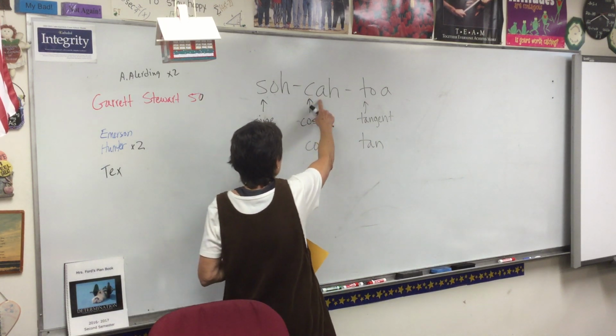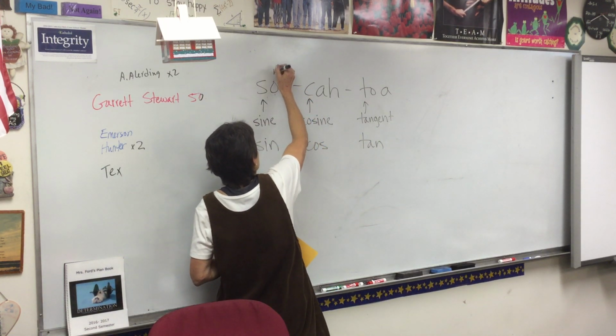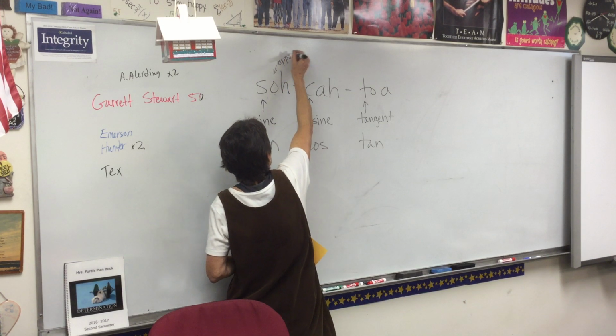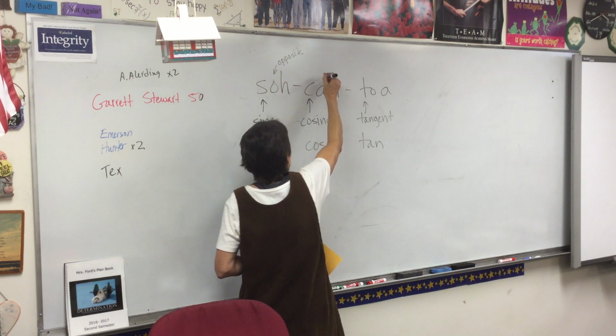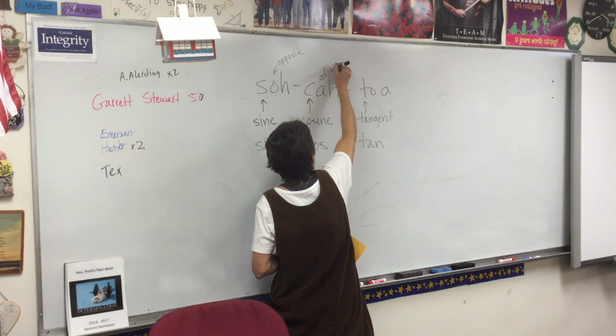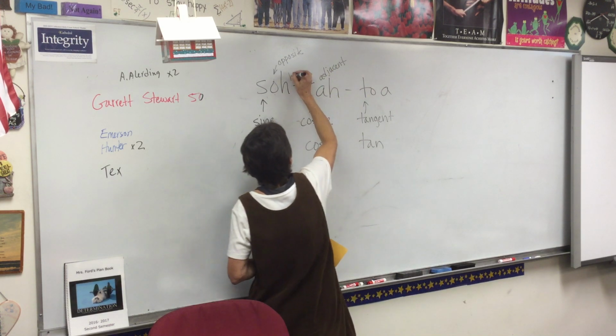Now, the O's, A's, and H's stand for opposite, adjacent, and hypotenuse.